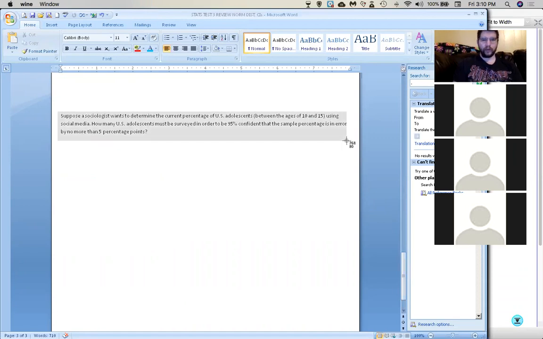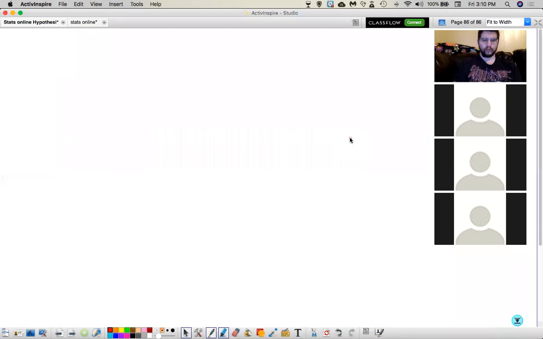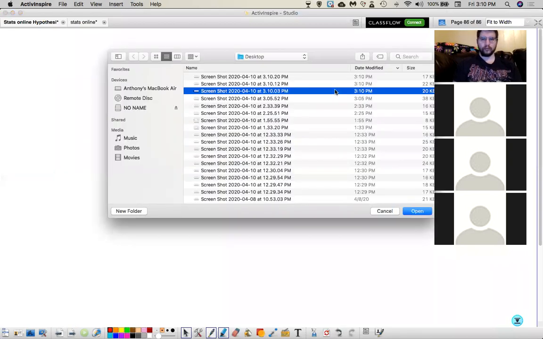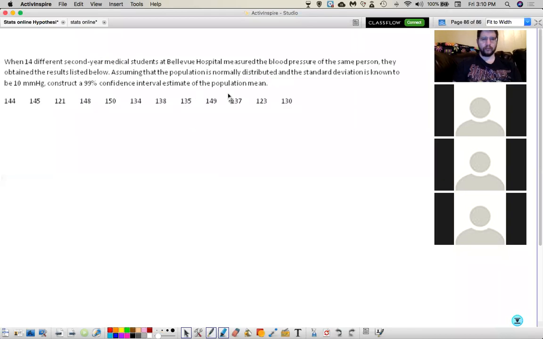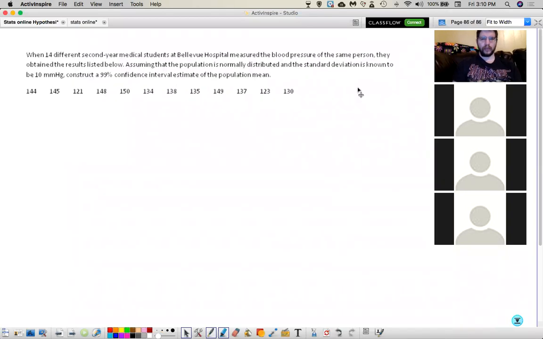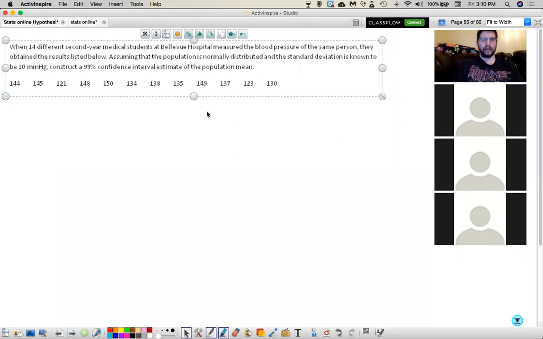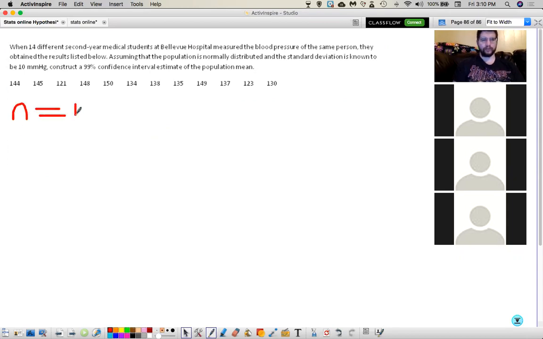So we got a few more problems to look at. Okay, this one gives us data. We're constructing a confidence interval. So again, either calculator you have, you can just type this data in and it'll give you the relevant information. So let's see what we got going on. We've got 14 for n.